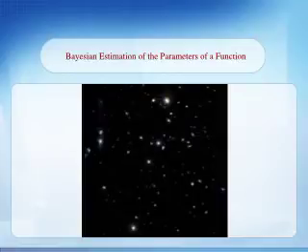We then integrate over this Gaussian to estimate the class probability P of C1 conditional on x, which is equal to the integration of sigmoid of w transpose times x times q of w dw, where q of w is approximated by the Gaussian distribution with parameters W_MAP and S_N.